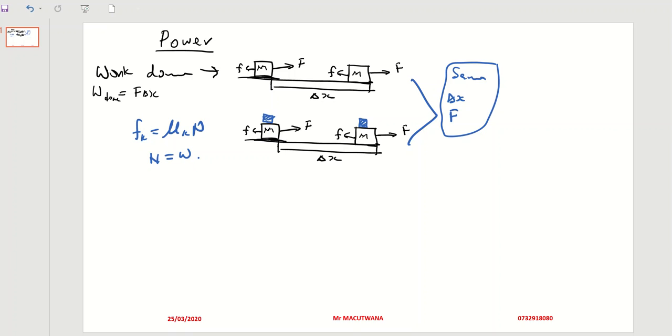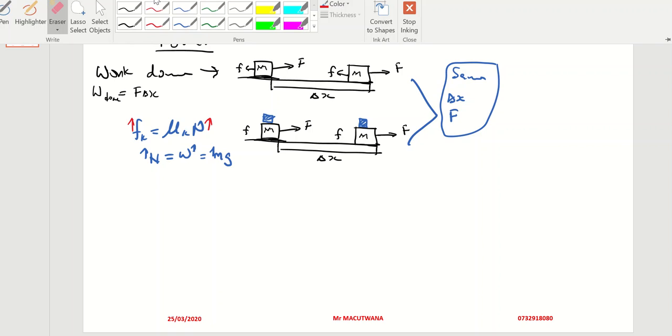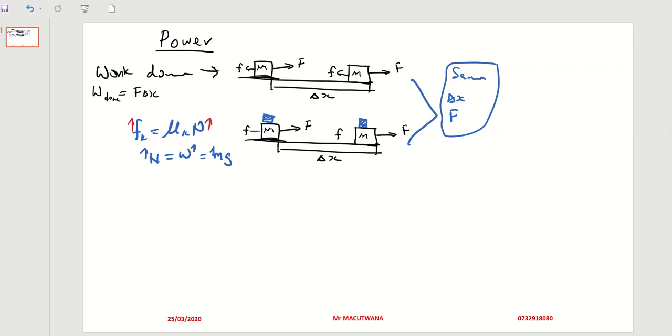If the mass increases while g remains constant, it means weight increases. If weight increases, it means normal force increases. Now if the normal force increases, it means kinetic friction also increases. So your friction gets affected. I'll just use red. Your friction increases.